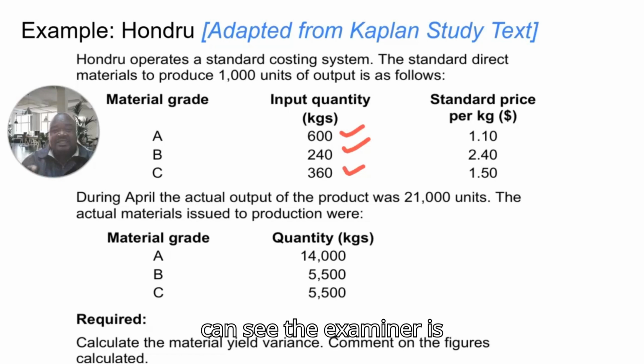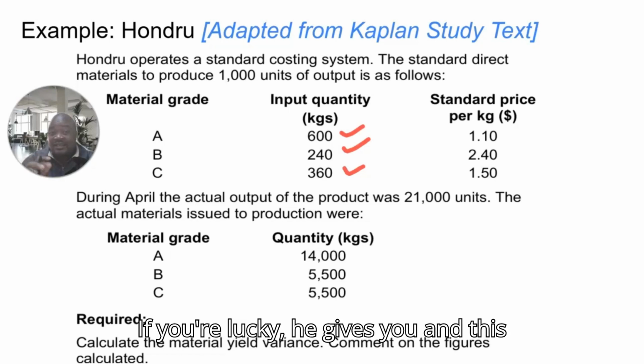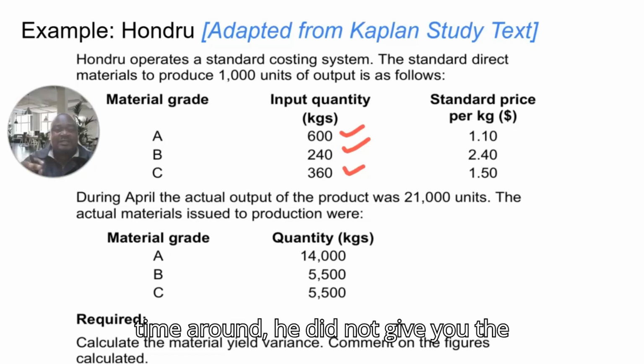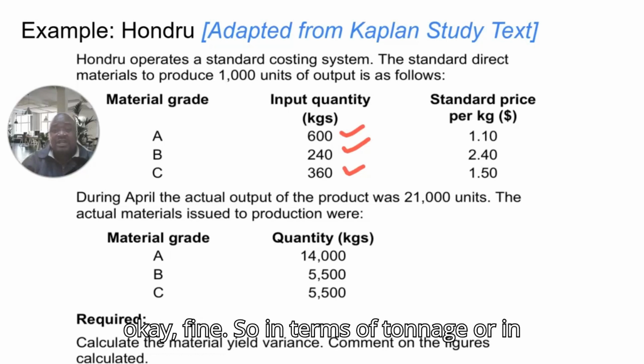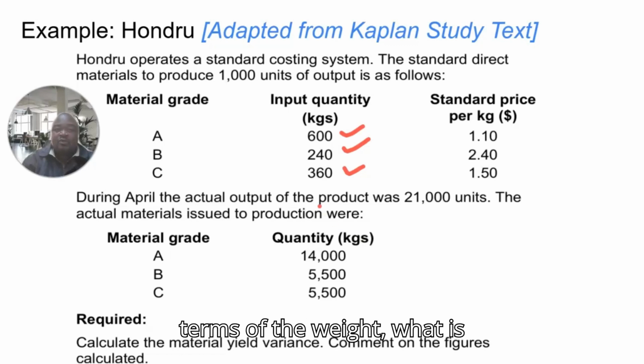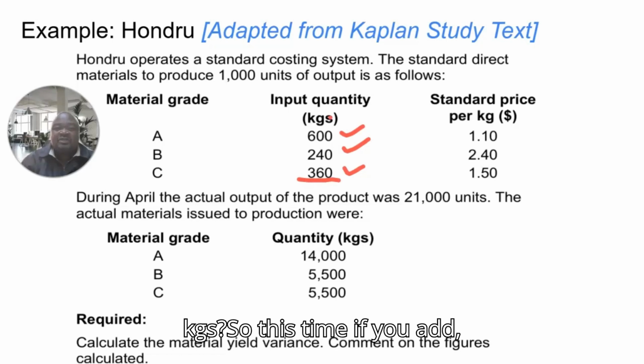As you can see, the examiner is not going to give you the totals, or if you're lucky, he gives you. This time around, he did not give you the totals. You need to tell yourself, in terms of the weight, what are the total kgs?